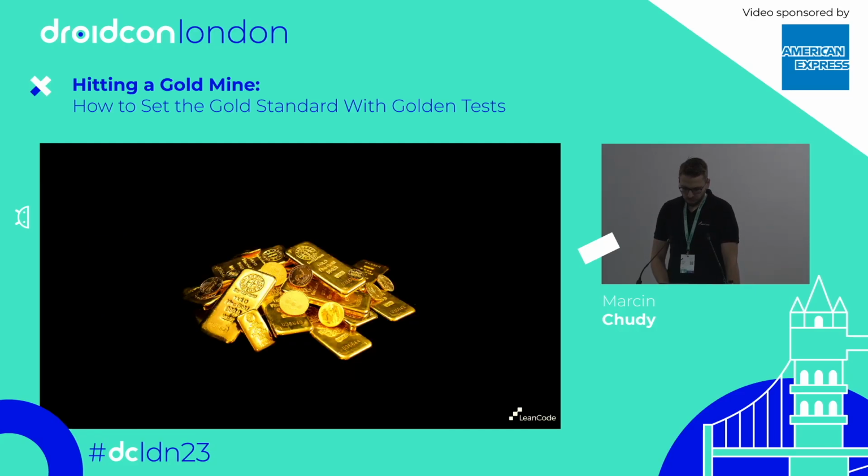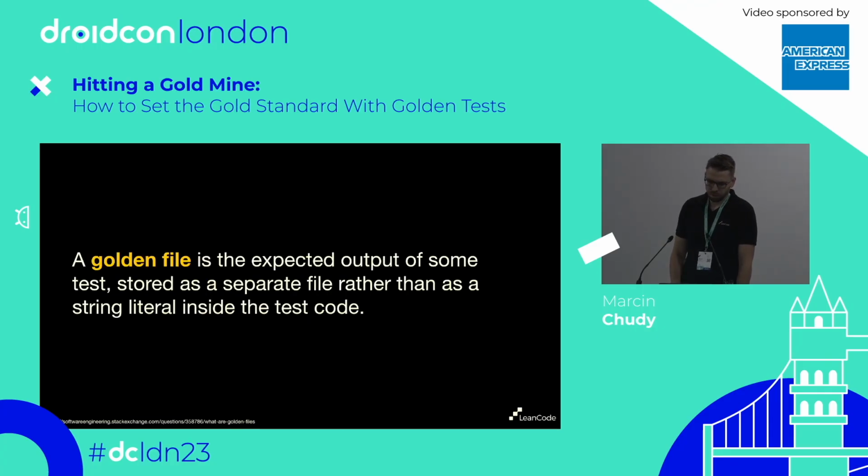So let's start with the term golden test, because it's not that familiar for most people. It is a term that has been used in software engineering for actually quite a long time but never got quite popular. I found some old references to it when I did some research. The main definition is for a golden file.